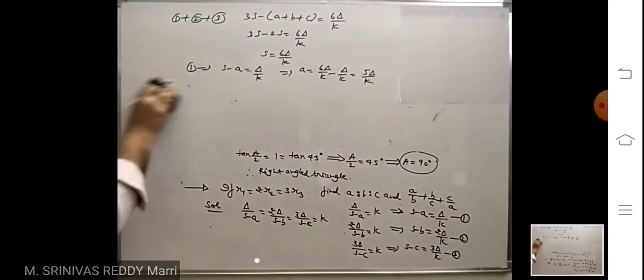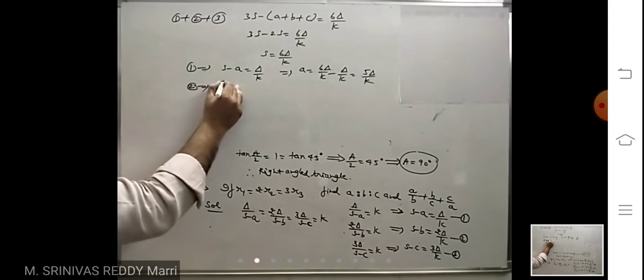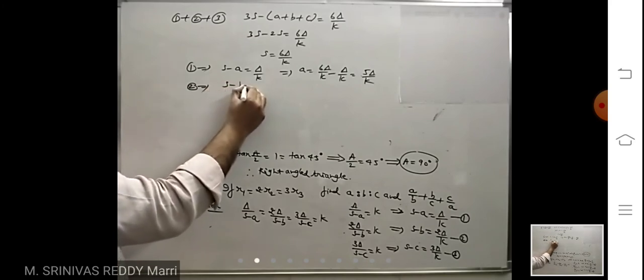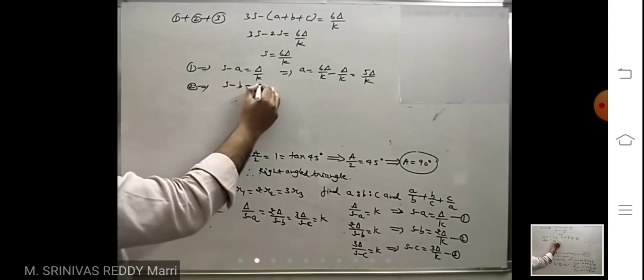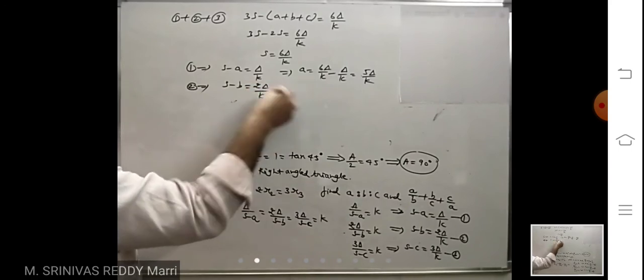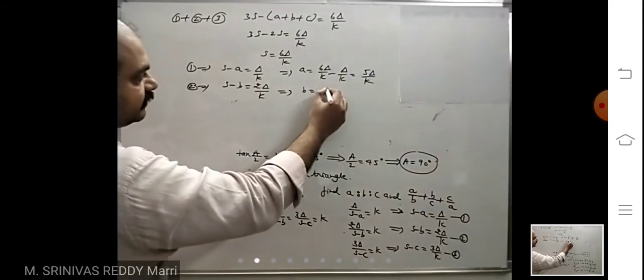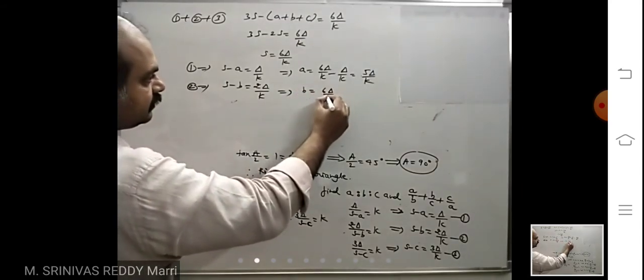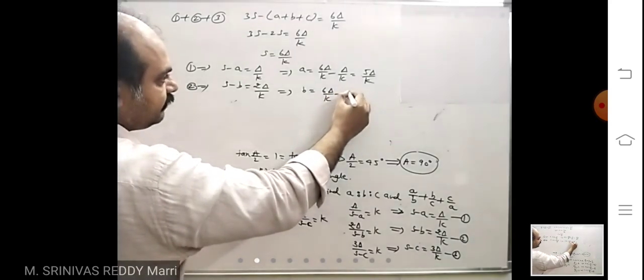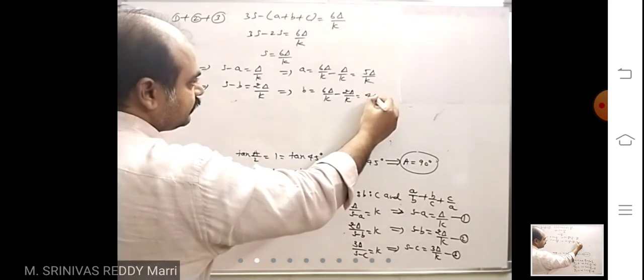Now take the second equation. Second equation implies s minus b equals 2 delta by k. That implies b equals 6 delta by k minus 2 delta by k.